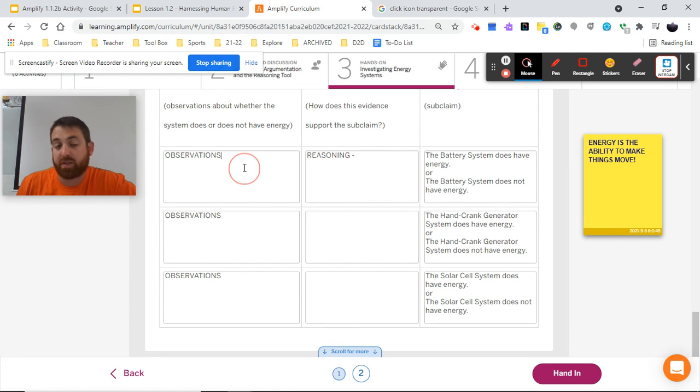Okay, so if you saw something specific that proved to you that the battery system does or does not have energy, you put that observation here. You connect that reasoning here using the definition, and then that reasoning section should help you draw whatever conclusion you picked. When you've completed all three rows for each system, 1, 2, 3, hit the hand in button.